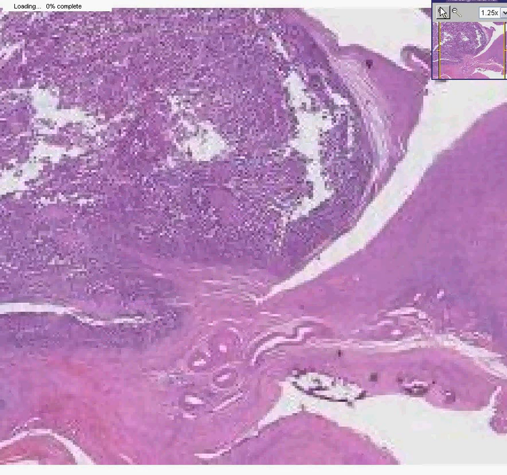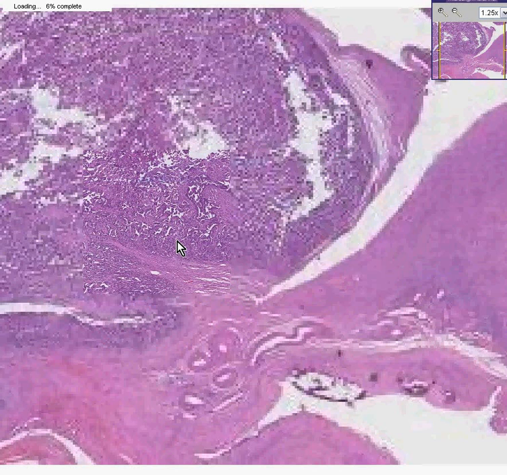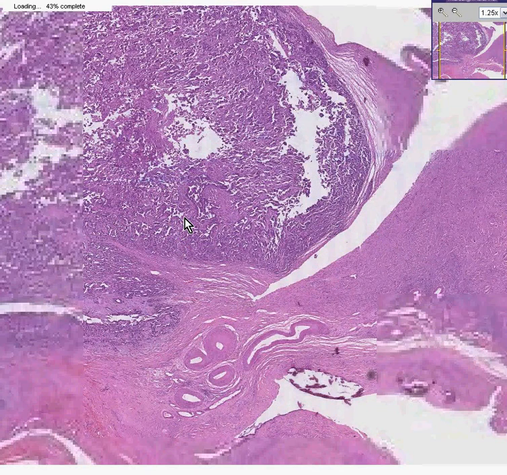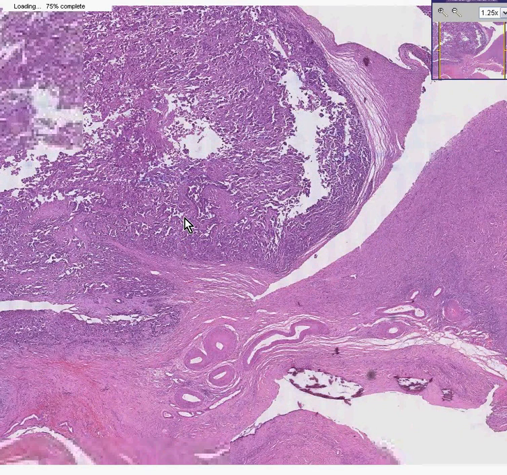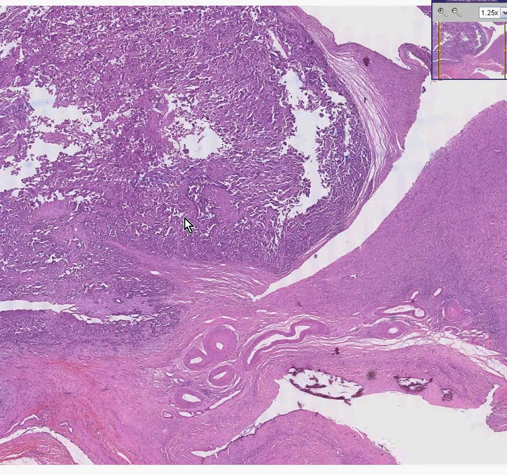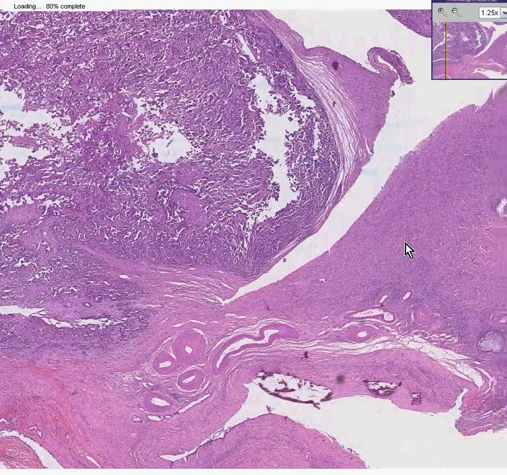Here is an ovary. You may have a difficult time appreciating that because you don't really see too many features in this tissue that are characteristic of normal ovaries, like follicles, like corpus lutea, like stromal cells. No follicles of any type. All you see is sort of a stromal picture here.